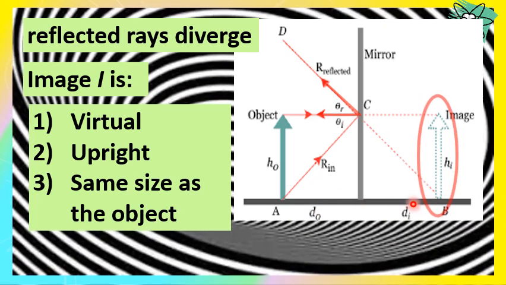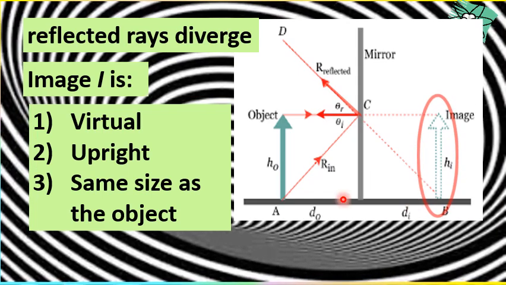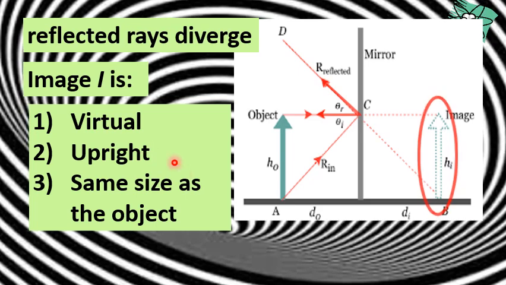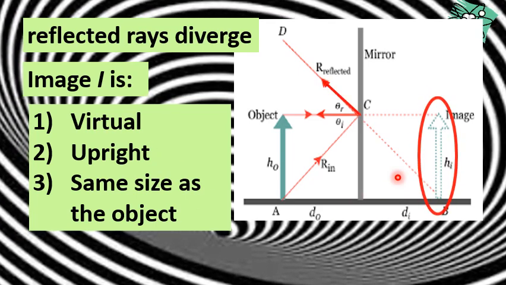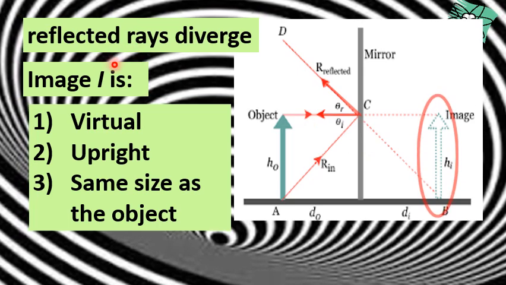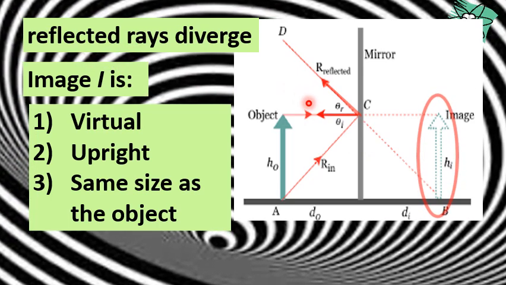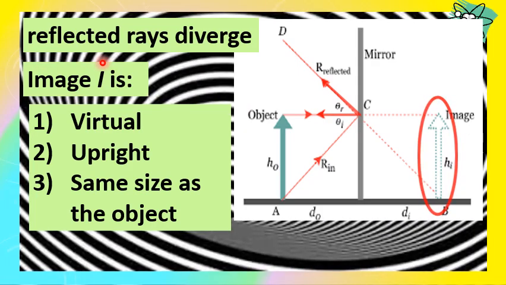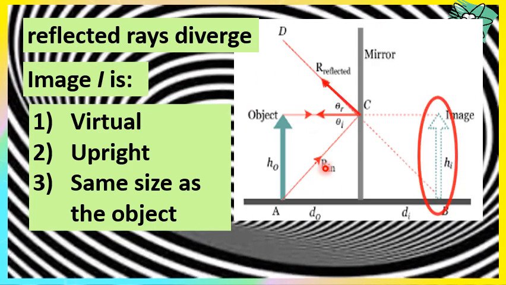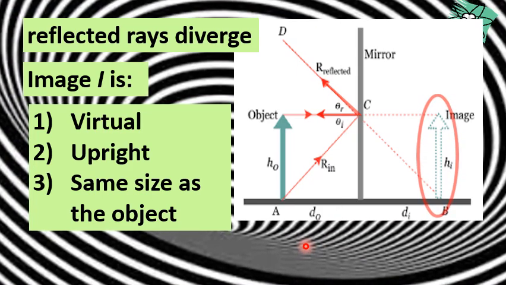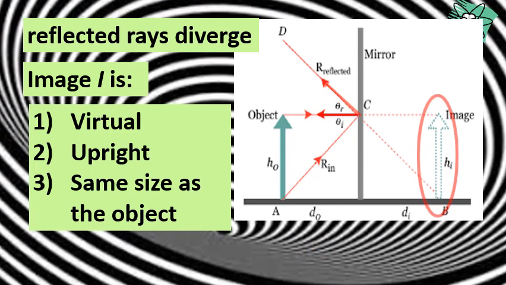So with all these descriptions of the image formed by a plane mirror, plus the fact that the reflected rays are not parallel, but in fact diverge away from the mirror, that explains why our answer to this question was option letter C.